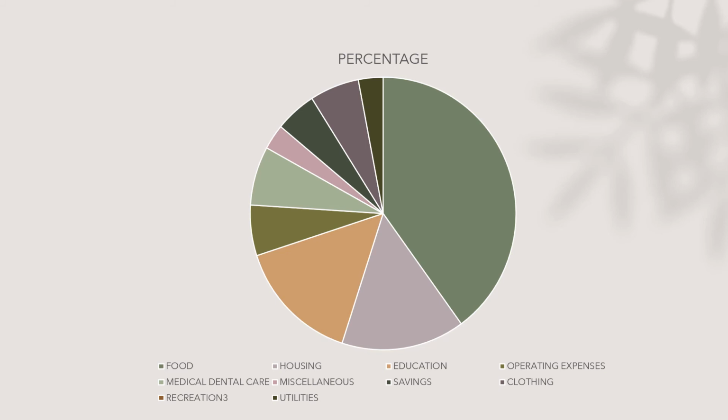So it's very important to understand that the budget of the family is the one that is dictating whether the family could survive or not. Do you understand that? Very good.